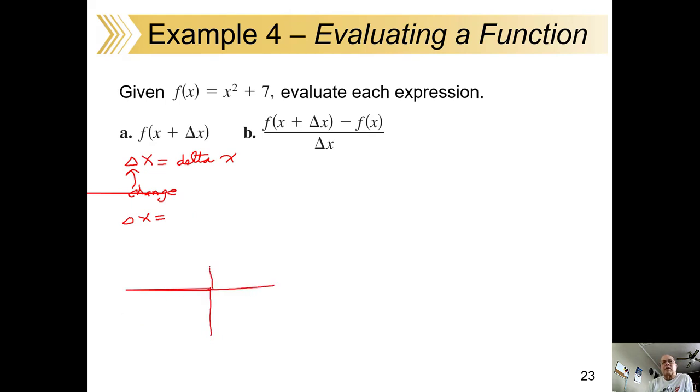If we're graphing something on the xy plane, and we've got 2 points, if I were traveling from point 1 to point 2, how would my x value change when I went from 1 to 2? It's going to change by that much. That's my delta x.